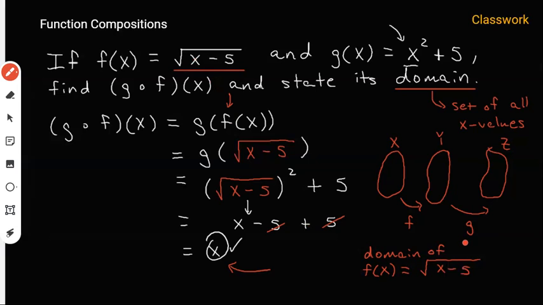Which x values can you put in this function? Well, you have to make sure that you're taking the square root of 0 or positive numbers, right? You can't take the square root of a negative number and expect to get a real answer. So you're going to take the inside of this and set it greater than or equal to 0.